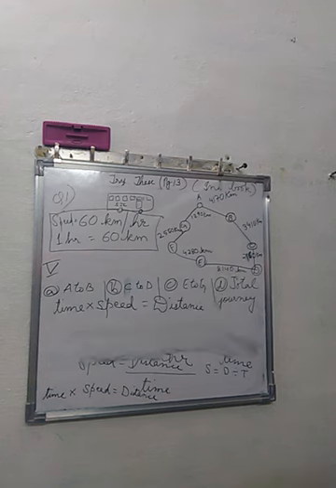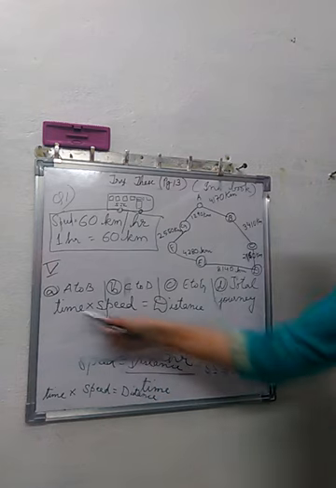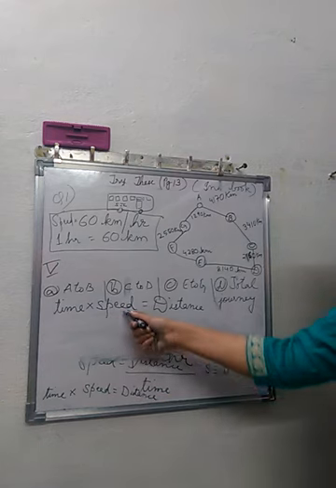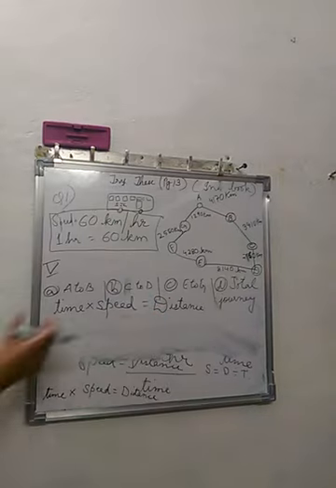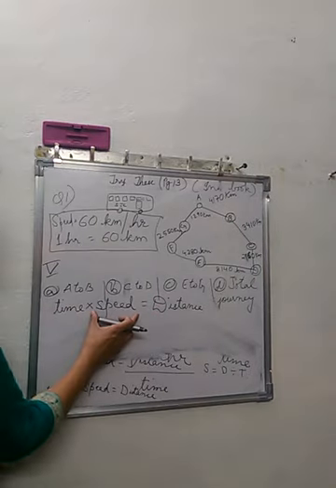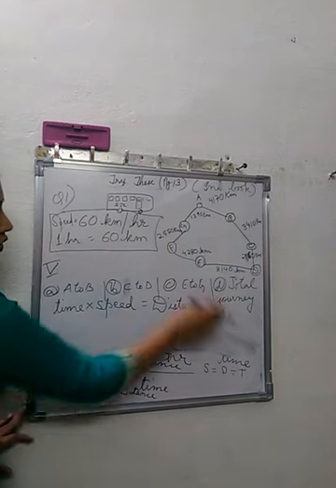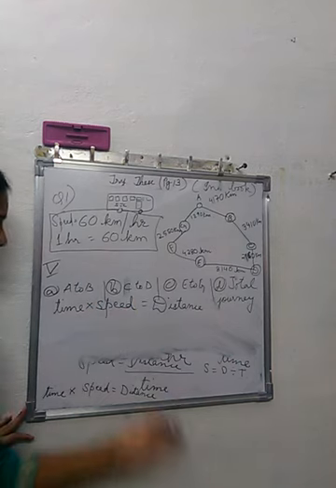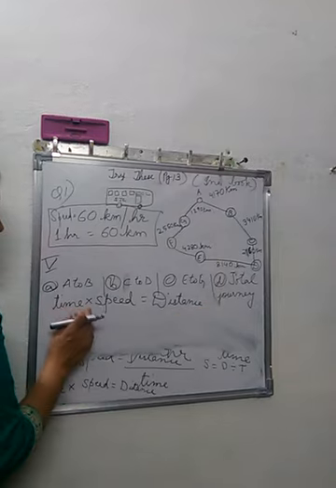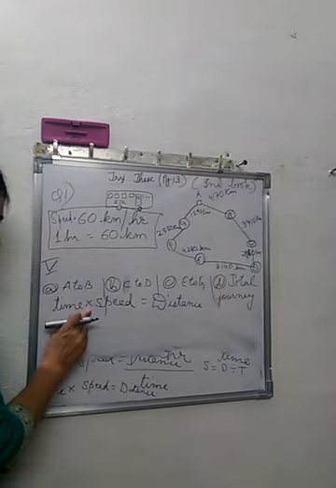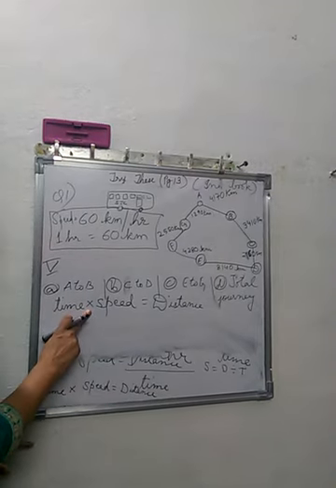So let's see. You can see I have written this line over here. Time into speed is equal to distance. Now if I remove this speed, that is if I change its side from the left hand side to the right hand side, its sign will change. What sign is it?